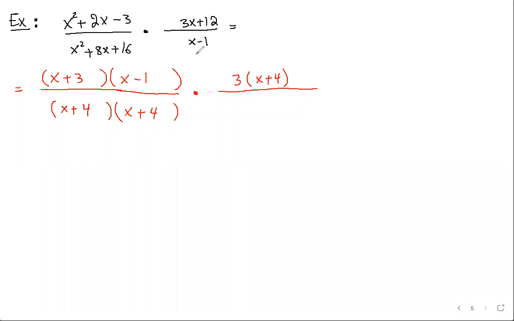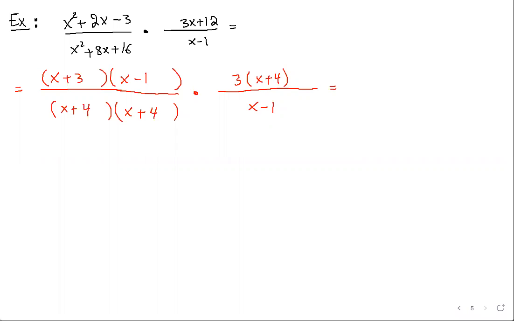Here, what's the factor for x minus 1? x minus 1. Now we're simplifying. Whatever common factor we have, we cancel together.